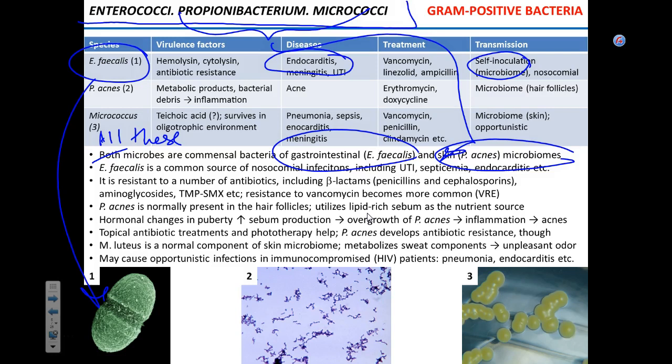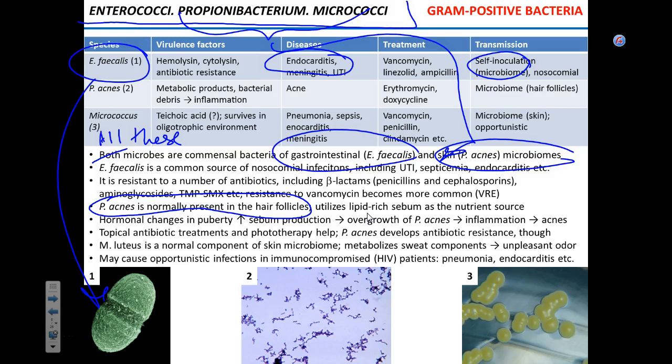Now, Propionibacterium acnes is a microorganism that normally inhabits hair follicles. Not so much skin, but hair follicles. This microorganism feeds on fat that we produce in the form of sebum, the secretion of the sebaceous gland. Does that make sense? The secretion that makes our skin oily. So when kids enter puberty, the sebaceous glands start to produce much more sebum.